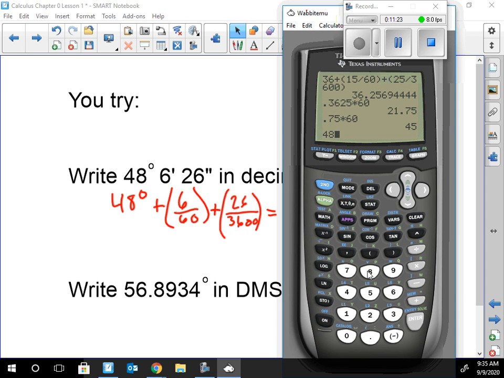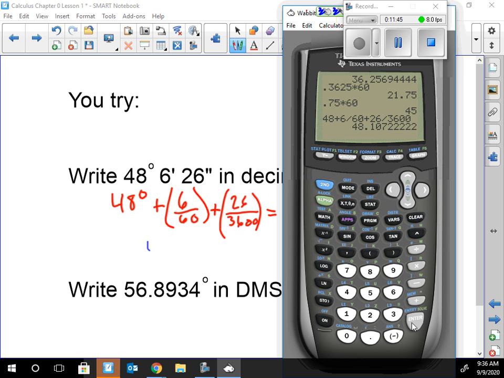Just do 48 plus 6 out of 60 plus 26 out of 3,600. Push equals. That gives you 48.1072 repeating, and we can just round that off to 2.